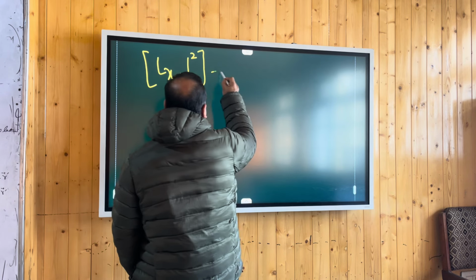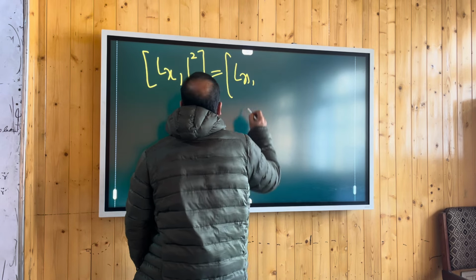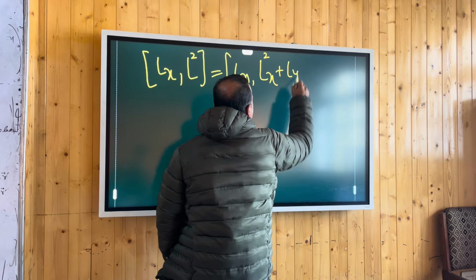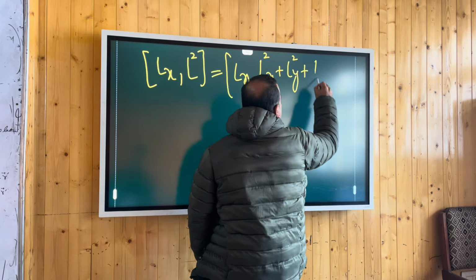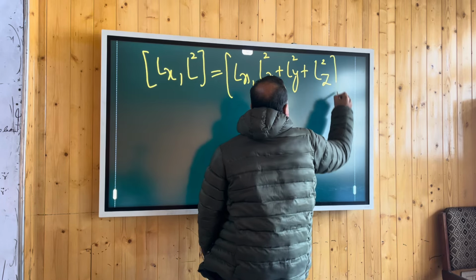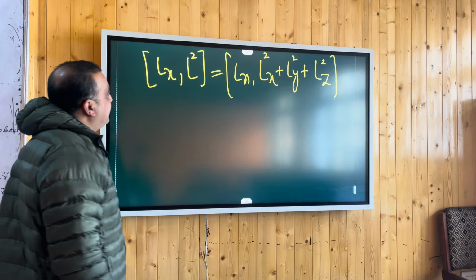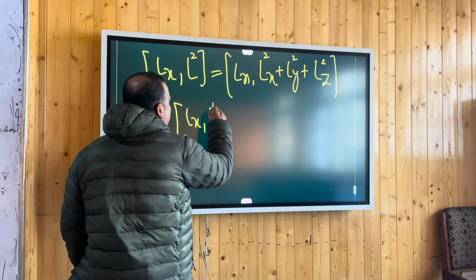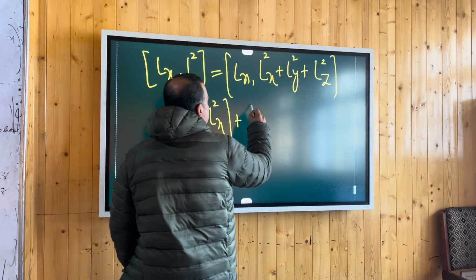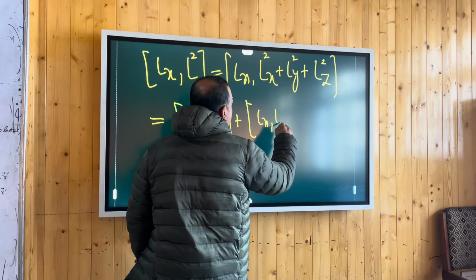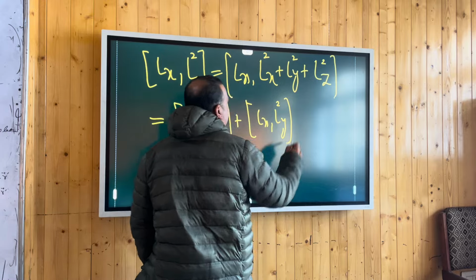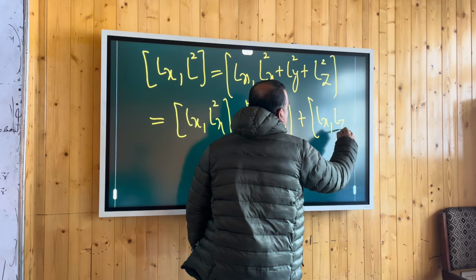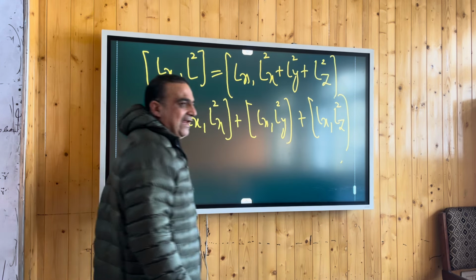So I can write [Lx, Lx square + Ly square + Lz square]. Using the property of commutators, this is [Lx, Lx square] + [Lx, Ly square] + [Lx, Lz square].